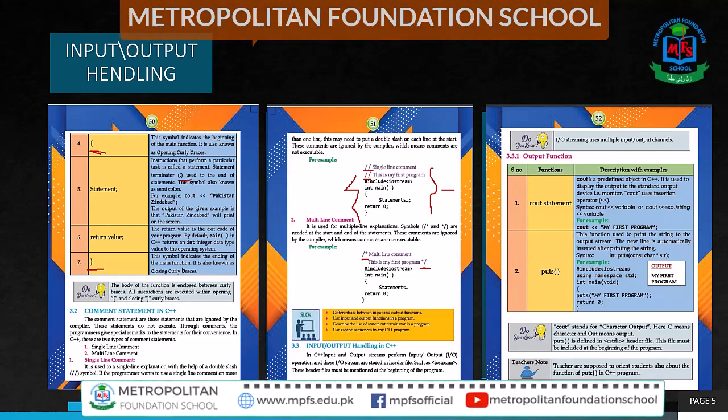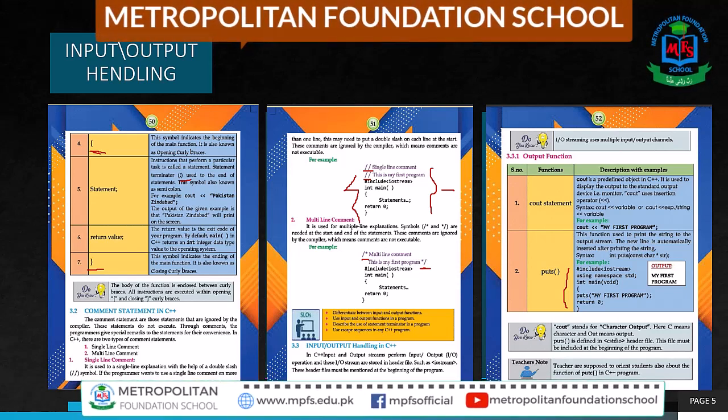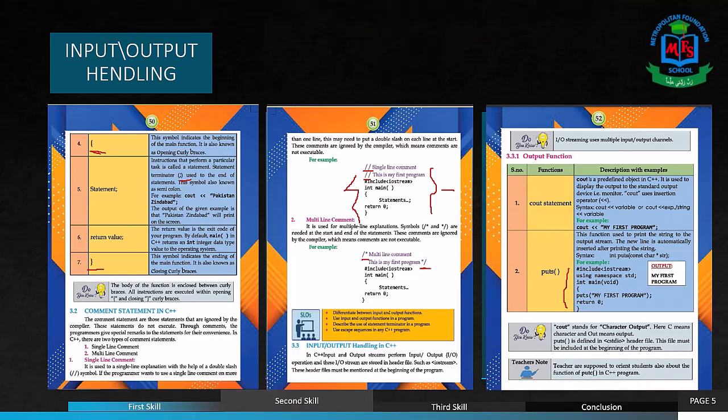Now see our first program that is written. Okay, number 1, include iostream, using namespace std, int main, round brackets, opening bracket, closing bracket, and in between opening and closing, cout my first program.